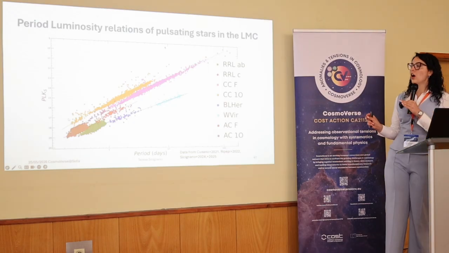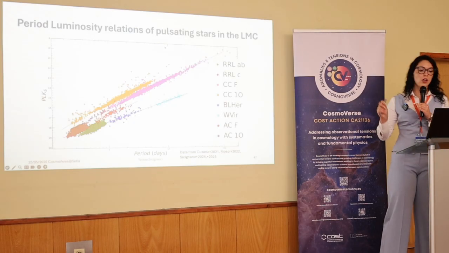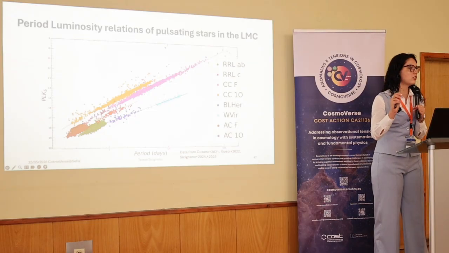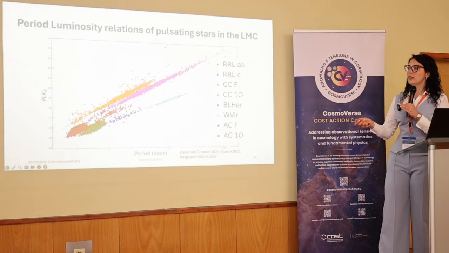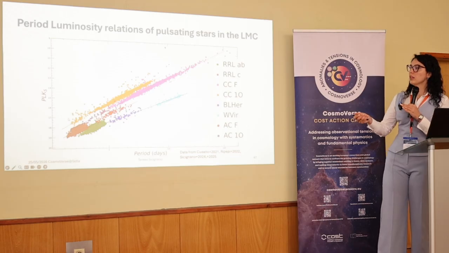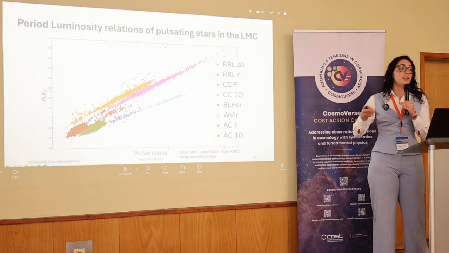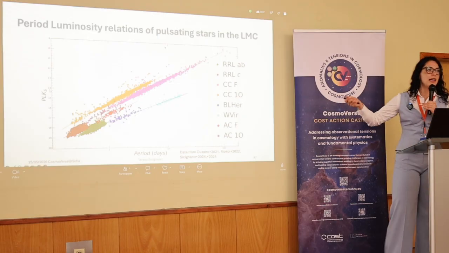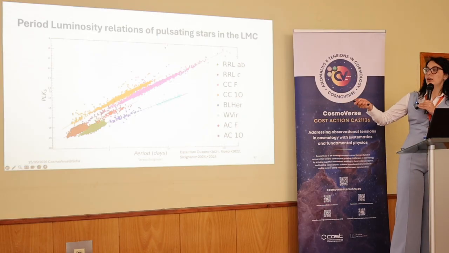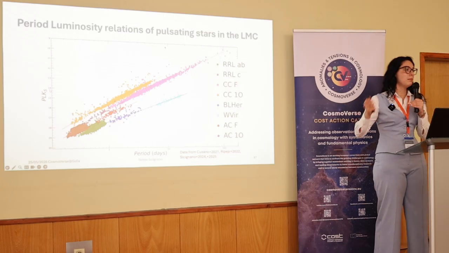And you will see that only with a small correction we can obtain the distance of the LMC, because on this axis we don't only have the magnitude in the K-band, but this is also an axis of the distance modulus in magnitude.